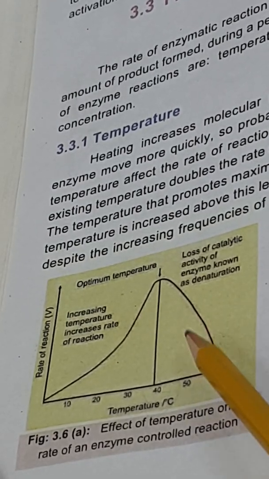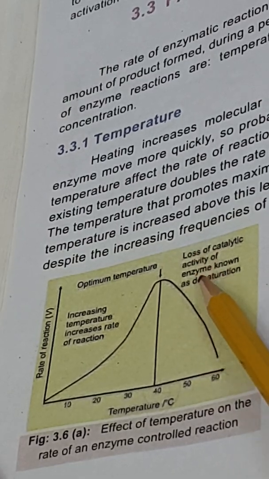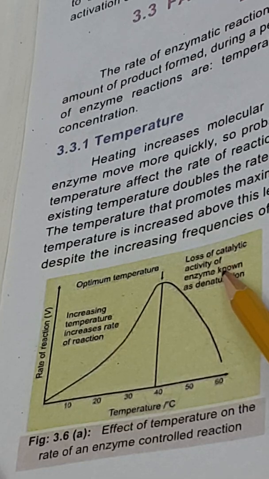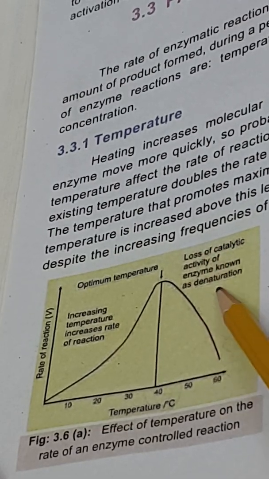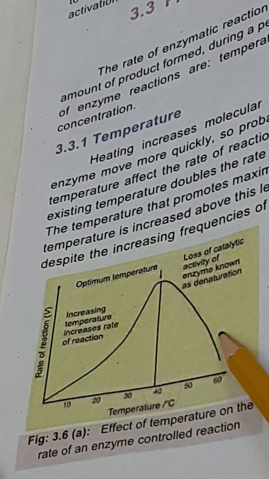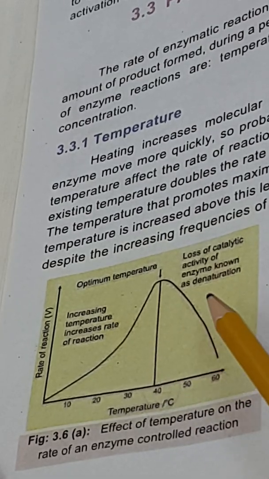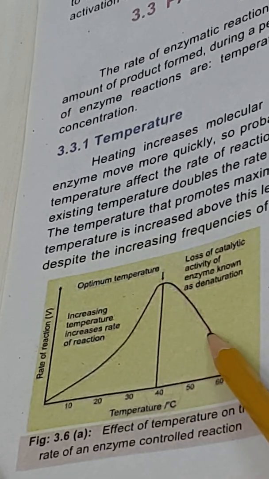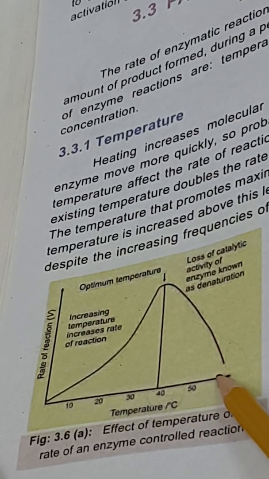At maximum temperature, the structure of the enzyme is disturbed. The bonds, especially the hydrogen bonds that keep the enzyme's tertiary and quaternary structure, are disturbed by such high temperature, and the reaction rate goes down.